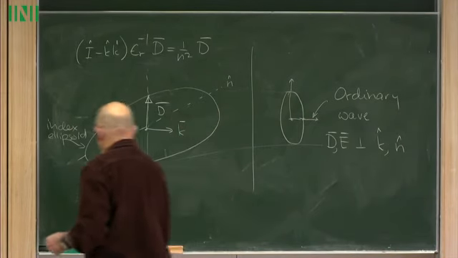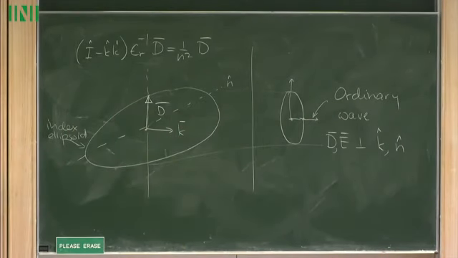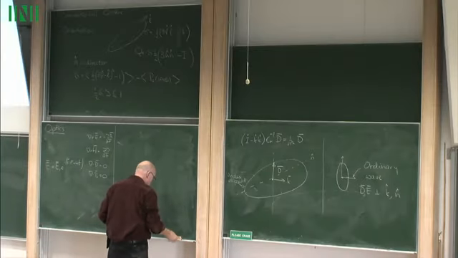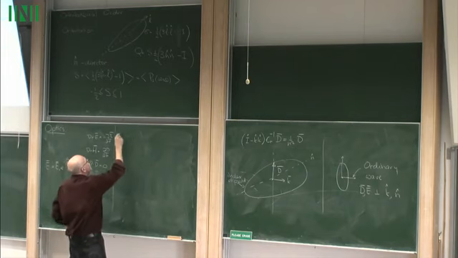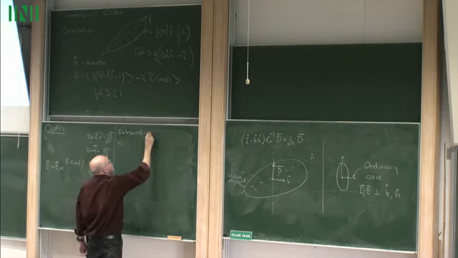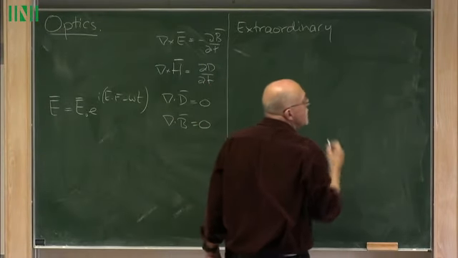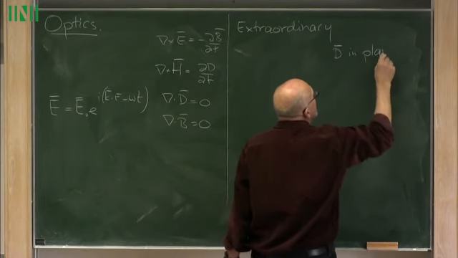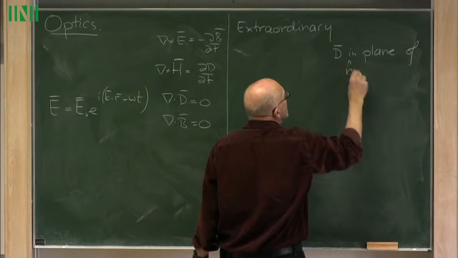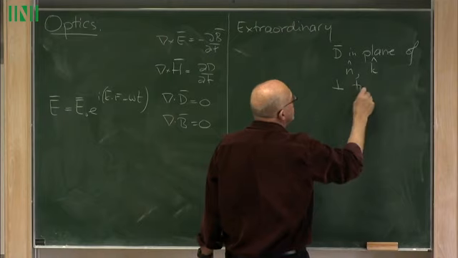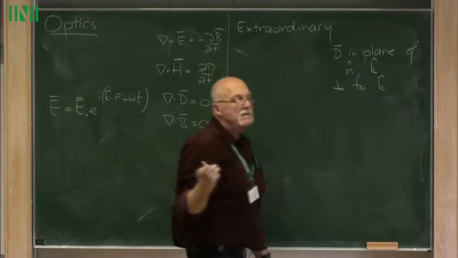So the extraordinary one is we have D in the plane of N and K, but perpendicular to K. So that defines it completely.